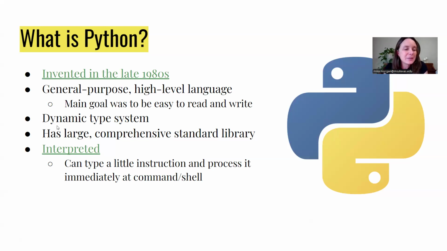It has a dynamic type system. We're going to talk a little bit more about data types in just a second, but a type tells the computer what type of information is being stored in a variable in your program. You could store information of different types.